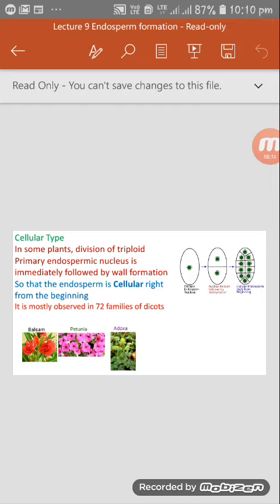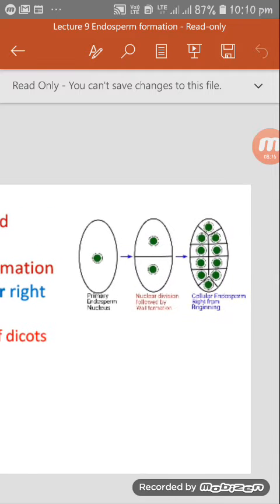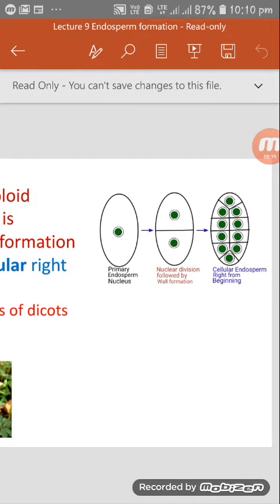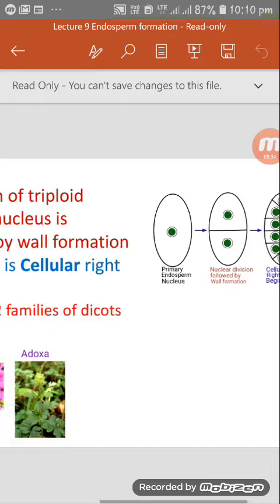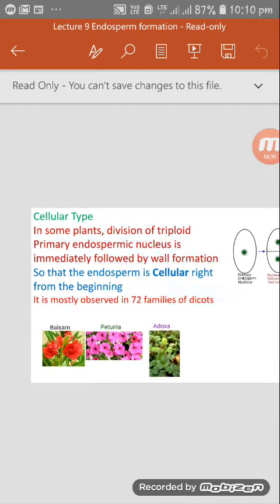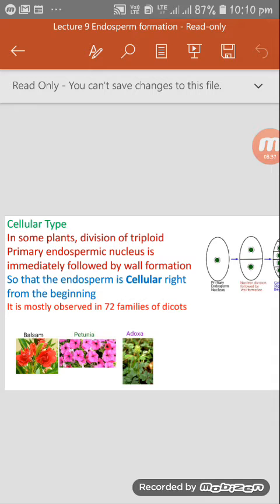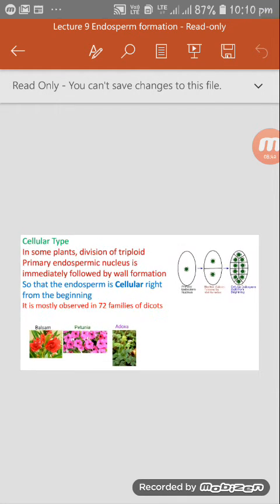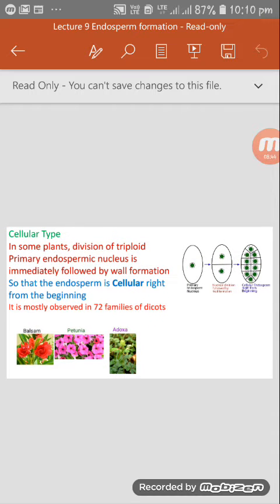It is mostly observed in 72 families of dicots. Examples: balsam, petunia, adoxa. So, these are a few examples of cellular type.